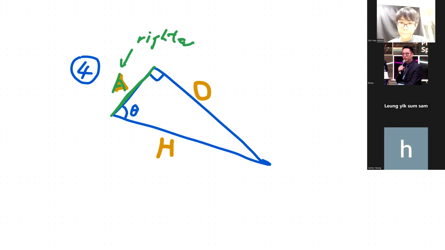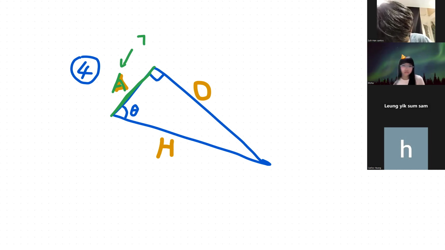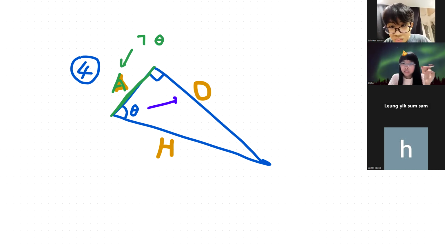I just use the words right angle and theta. The right angle and also the theta, you will say A. You will say opposite to the theta, opposite theta. So hard to write. It makes my writing so ugly.